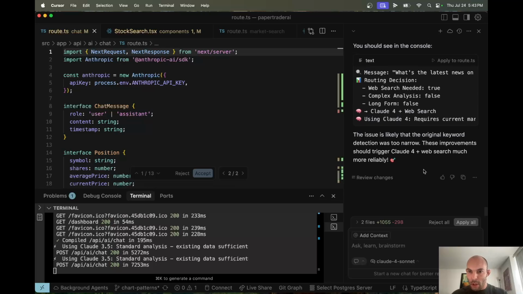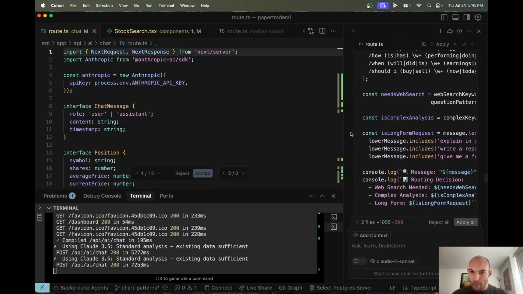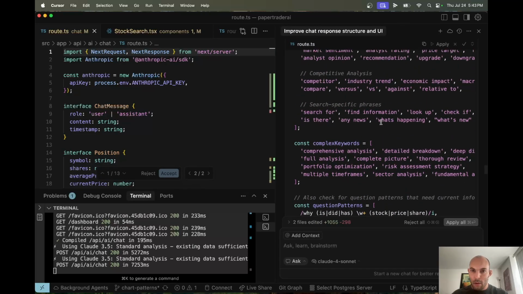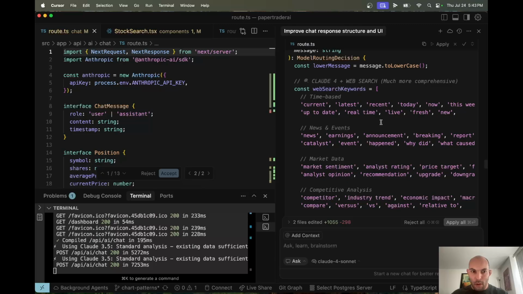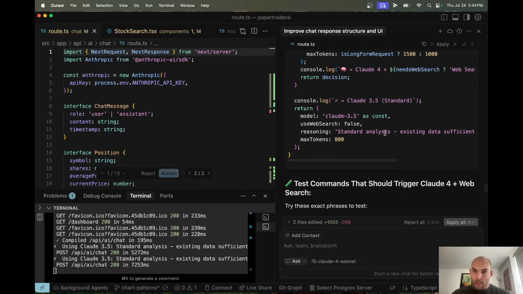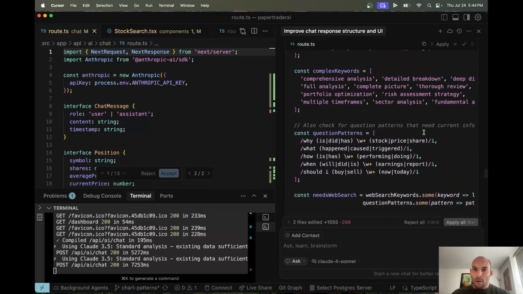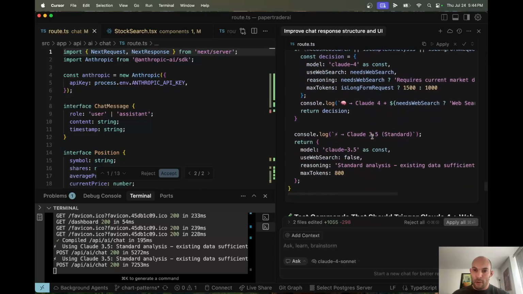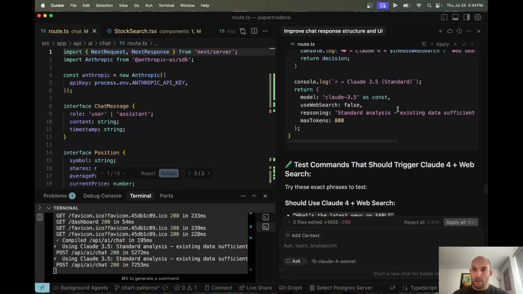The original keyword detection was too narrow. Okay, so what it means is there's an array of trigger words, that if these words are in the search, it'll know to do a Claude 4 web search, or it will know to do a Claude 3 standard search. Basically, if it's not in here, it'll just filter and go to this 3.5.